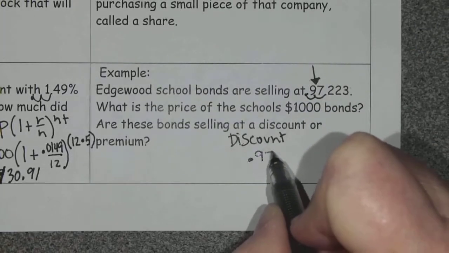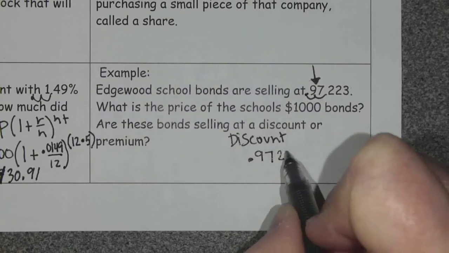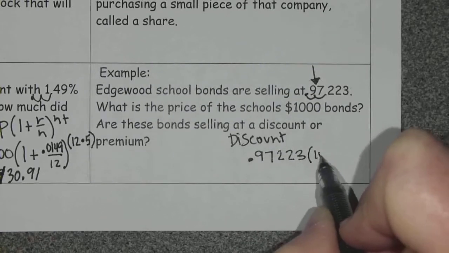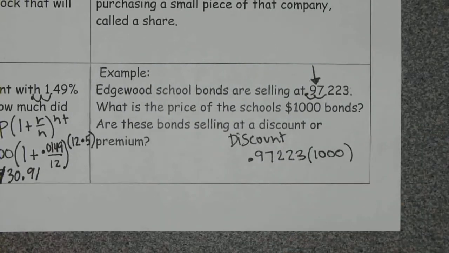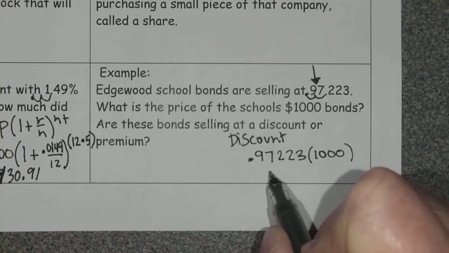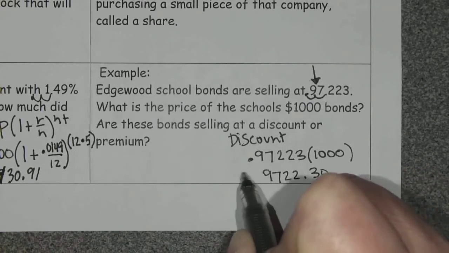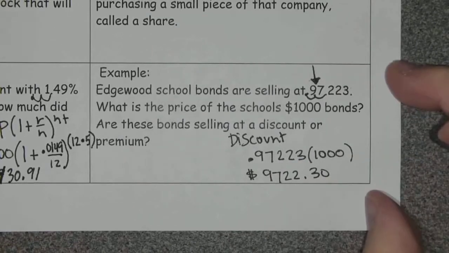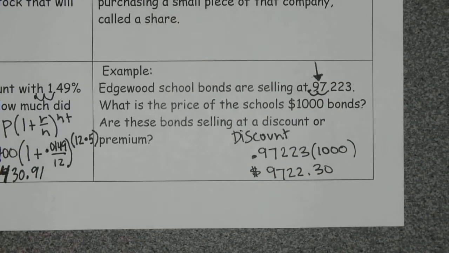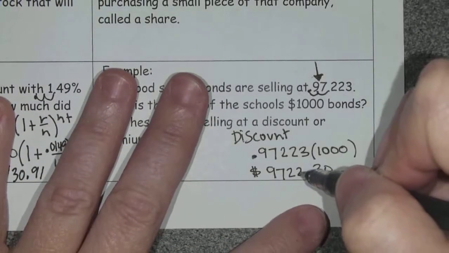So I would actually be multiplying by 0.97223 times that $1,000 bond to get the value that it's worth at that given point. When you do that, you get 9722.3.